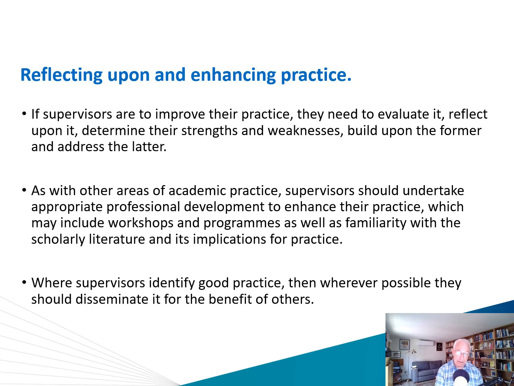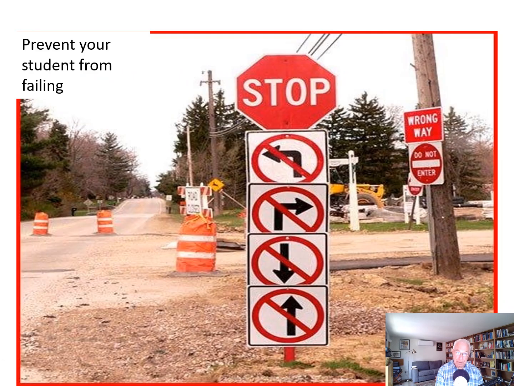Now clearly, I've been talking so far about the supervisory process and the relationships that are developed throughout it, and the practices that we need to implement. But ultimately, we must prevent our student from failing the PhD.